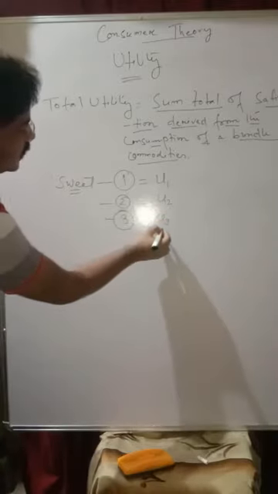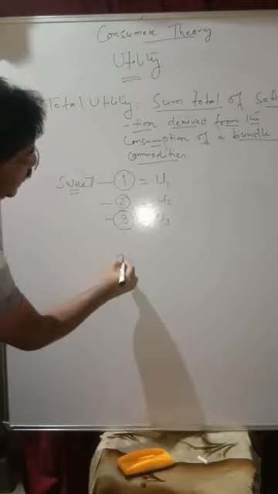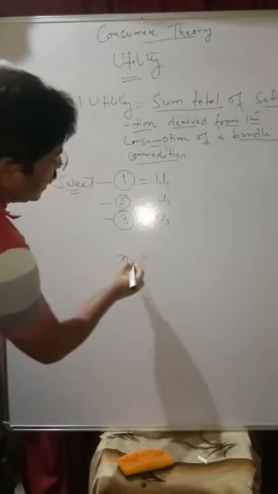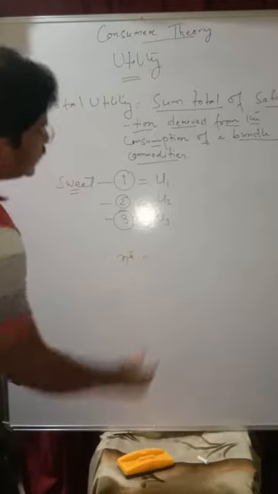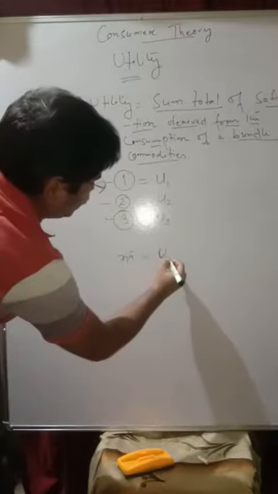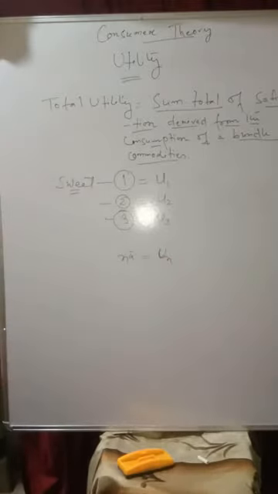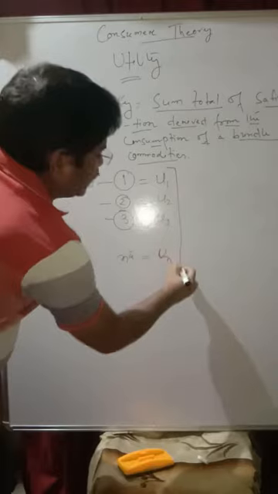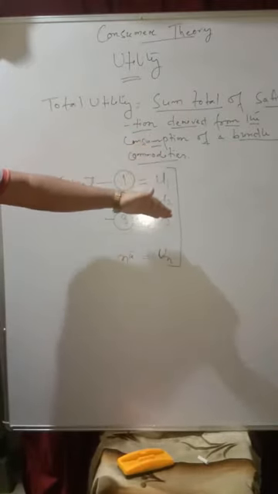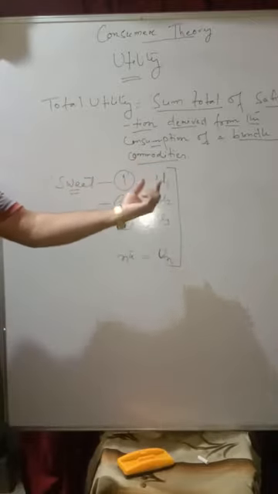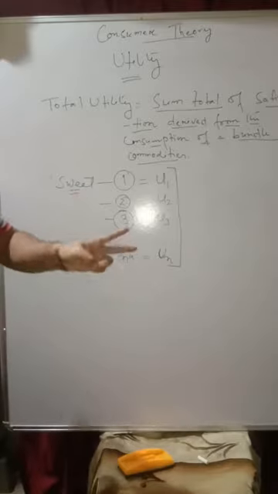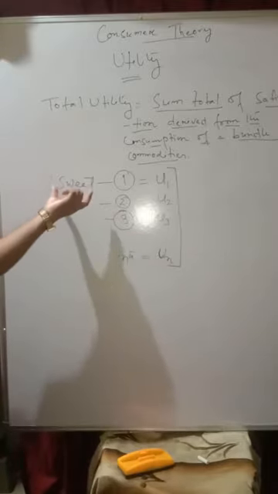In that way, if you consume n units of sweet, then the utility from the nth unit is given by Un. These are the bundle of commodities, that is, you are consuming the first unit, second unit, third unit of your sweet. That is first rasagulla, second rasagulla, third rasagulla, and in that way suppose you are consuming 10 units of rasagulla, and that rasagulla here is called, suppose, sweet.